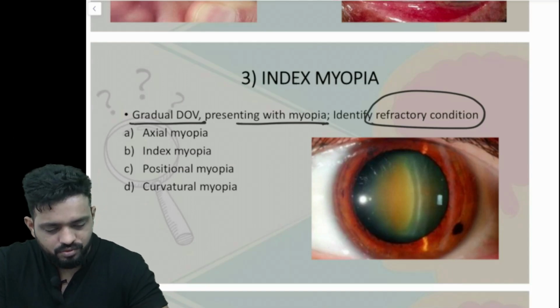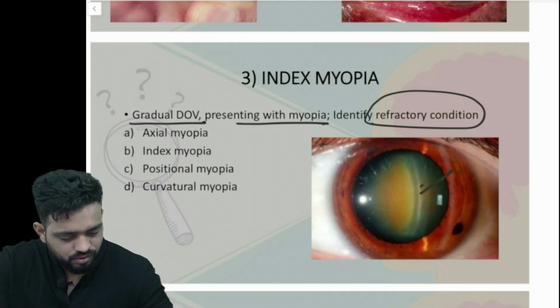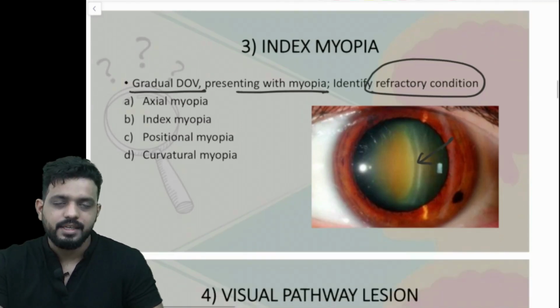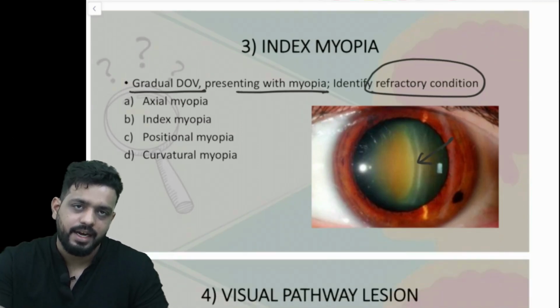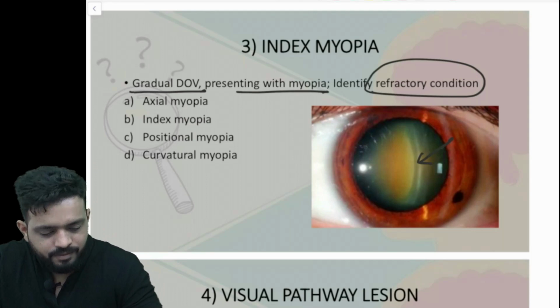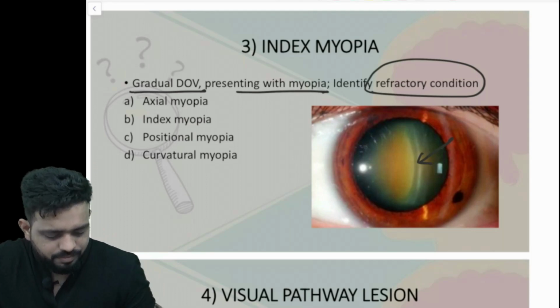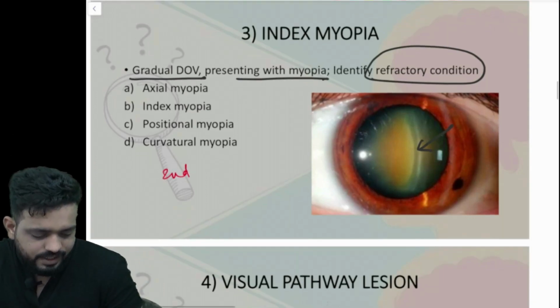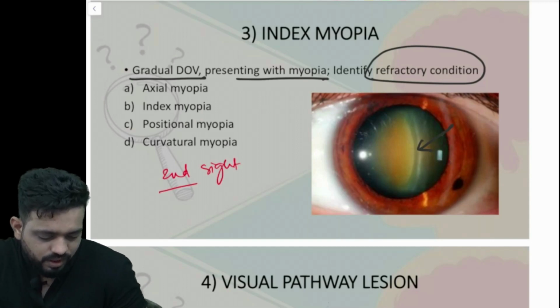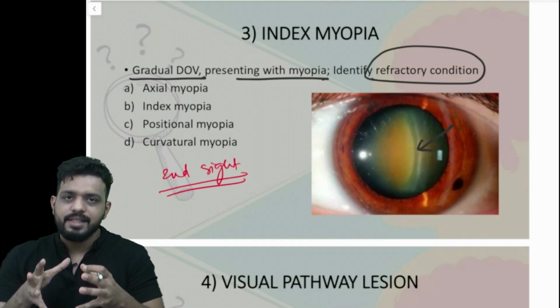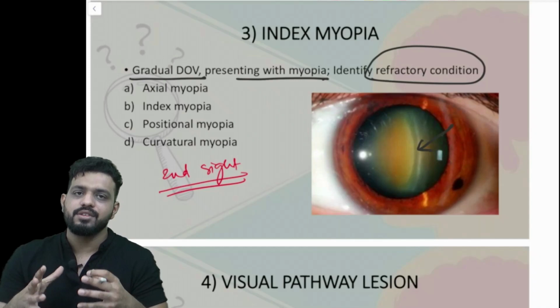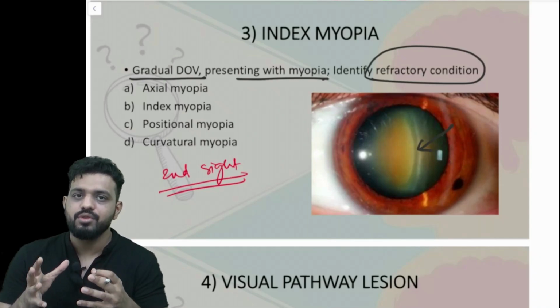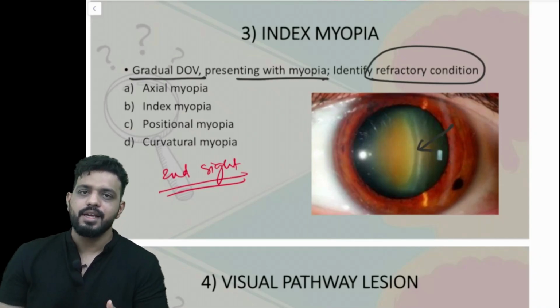Now, you should concentrate on this. This is a slit lamp image of a cataract. What happens in cataract? In old age people get second sight, because due to increased density of the nucleus, the refractive index of the nucleus, that is the lens in the eye, changes.